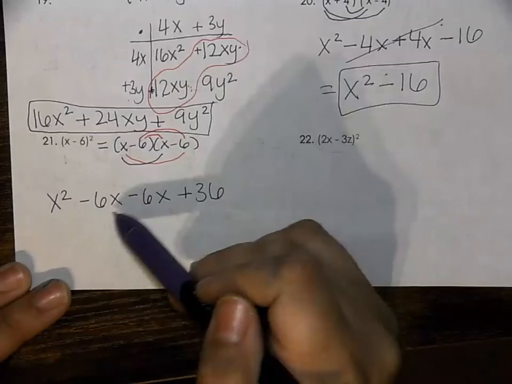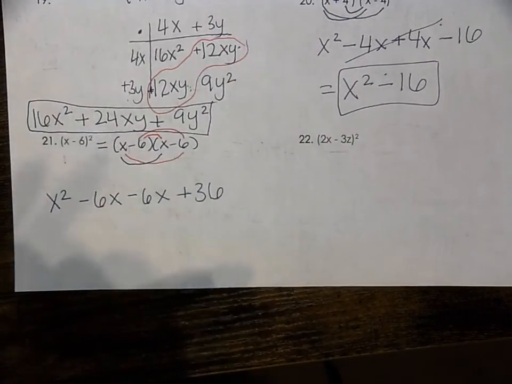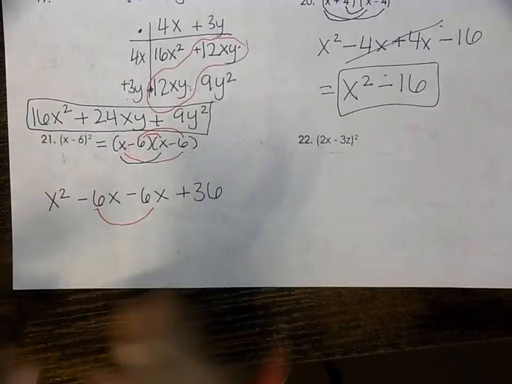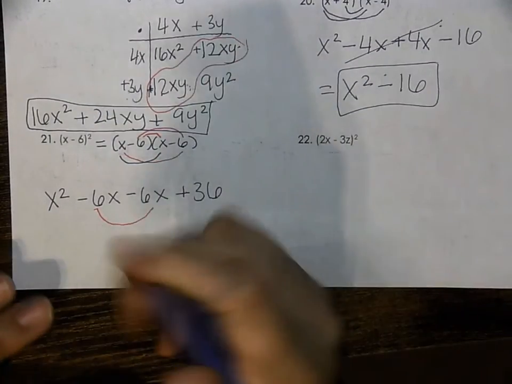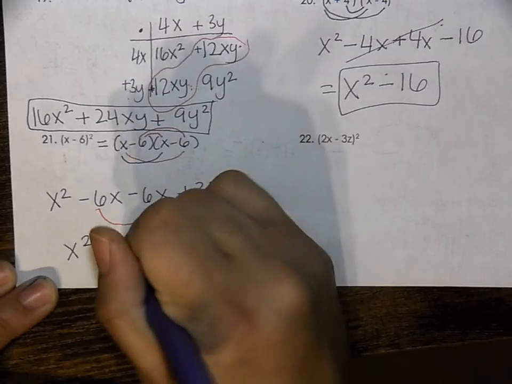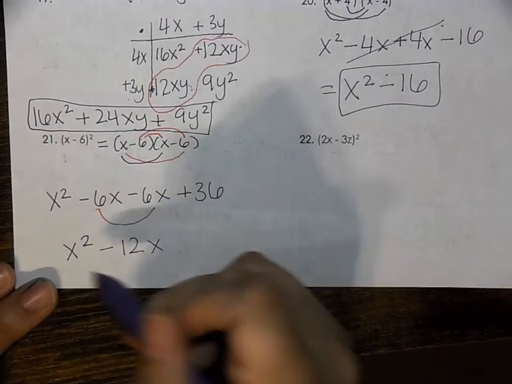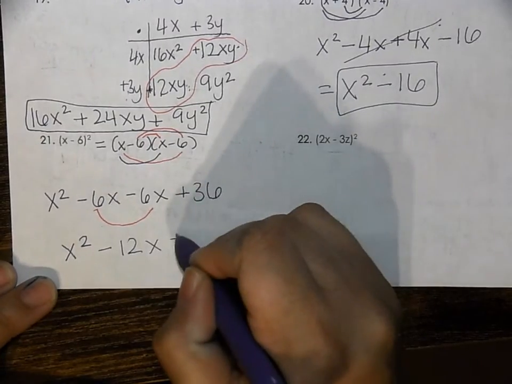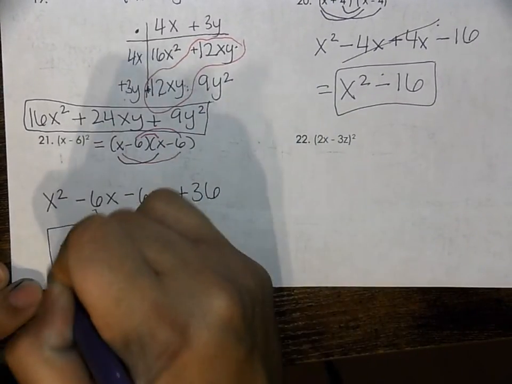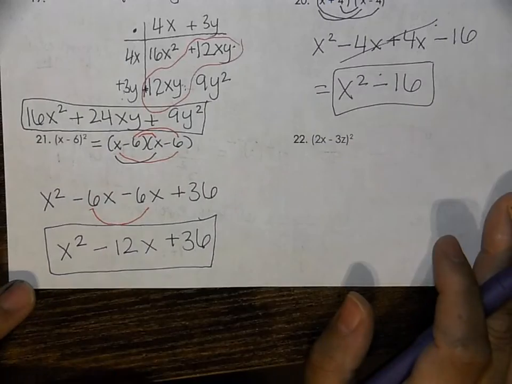This time, I don't want to cancel these guys out because they're not opposites. I need to instead add them together. So negative 6x and a negative 6x would be a negative 12x. x squared would come straight down. This would become a negative 12x, and then plus 36 would be the final answer on that one.